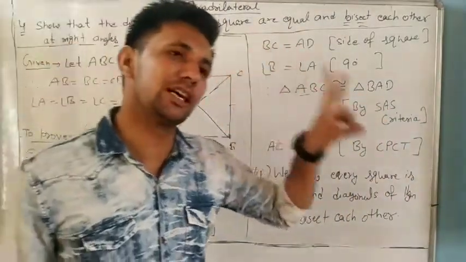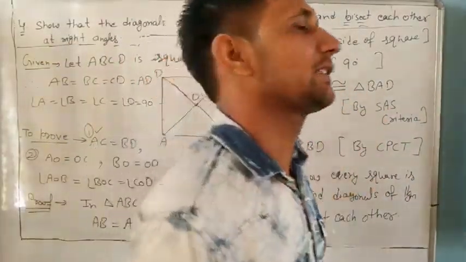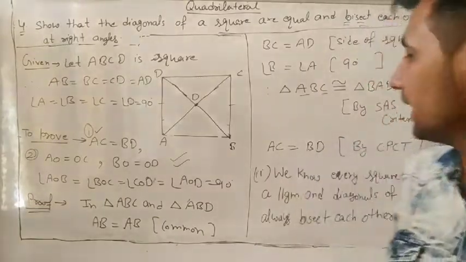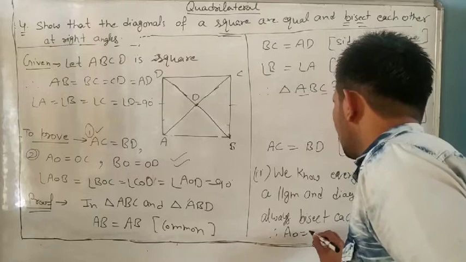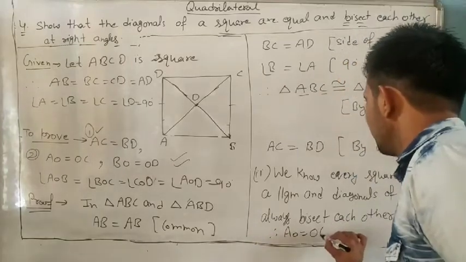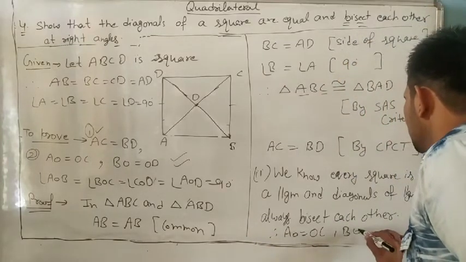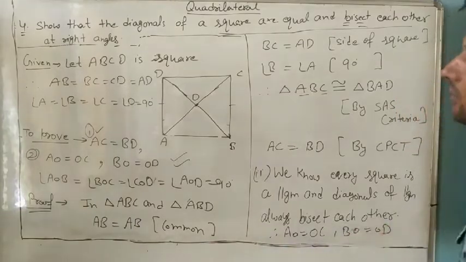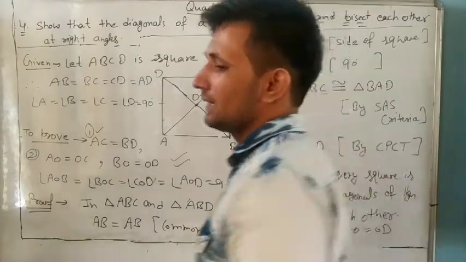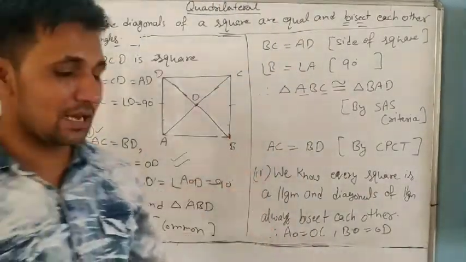Three properties: opposite sides are equal, opposite angles are equal, and diagonals bisect each other. So therefore AO equal to OC and BO equal to OD. Okay, directly you can write. Otherwise, there is another method to prove that the diagonals bisect.